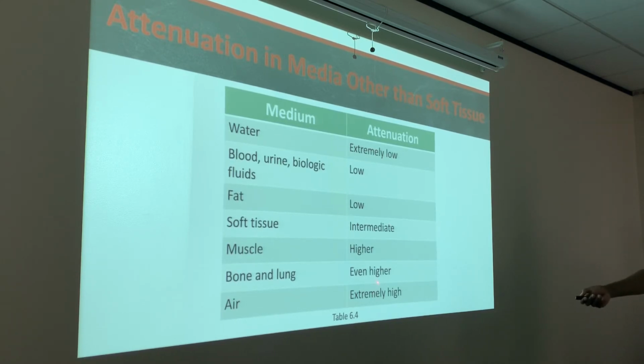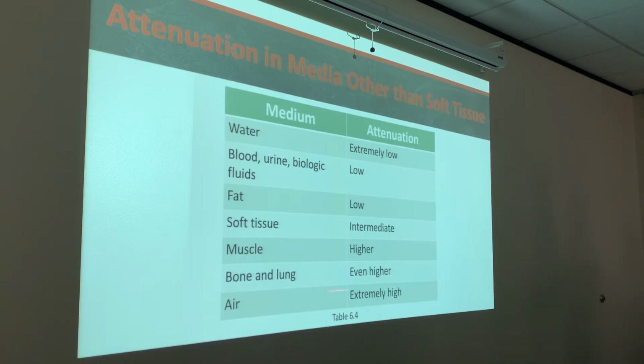Remember, attenuation means the weakening of sound as it's traveling. If it has low attenuation, that means it's not losing as much energy, and sound is going to travel a lot easier. Remember, in water it almost doesn't lose any energy at a sound that's less than 10 megahertz.